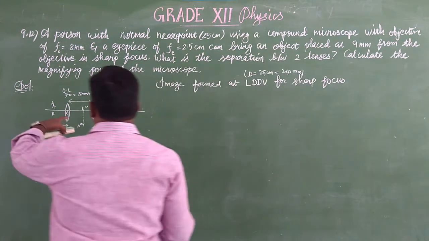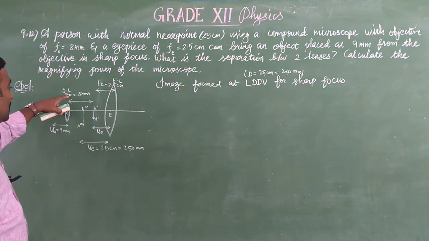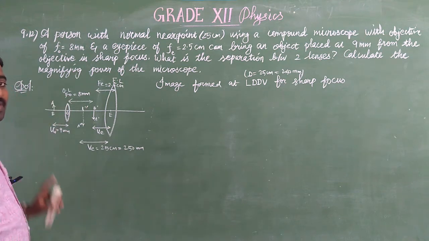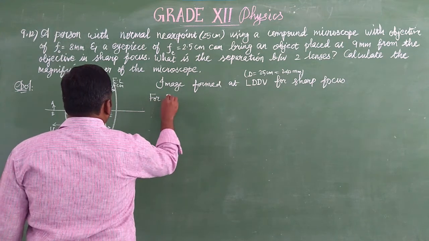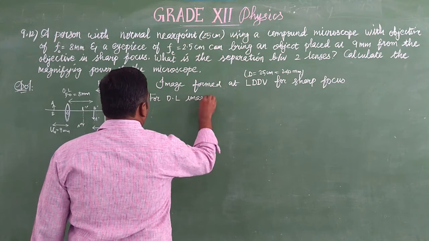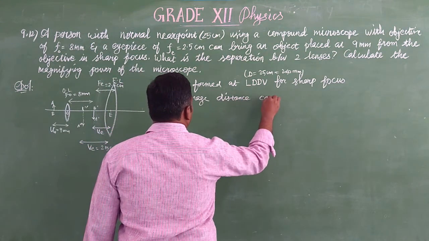Therefore, for the objective lens, we can find the image distance, because the object distance and focal length of the objective lens are given. So automatically we can find the image distance of the objective lens.